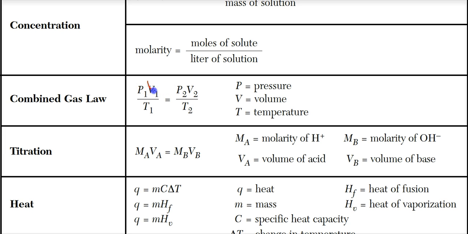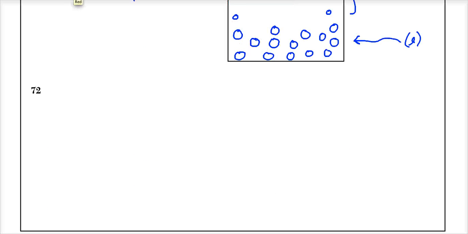So our formula is going to be this, but we're going to basically X out the volume. So we're going to have pressure 1 over temperature 1, the current condition, equals the new pressure over the new temperature, and solve for it. We're not going to utilize the volume because it stays constant. How do I know? Well, because they don't give you a new volume.